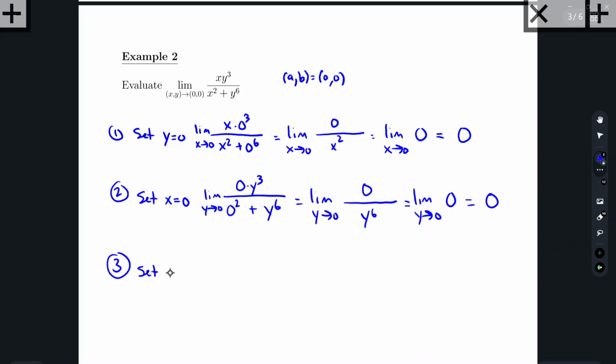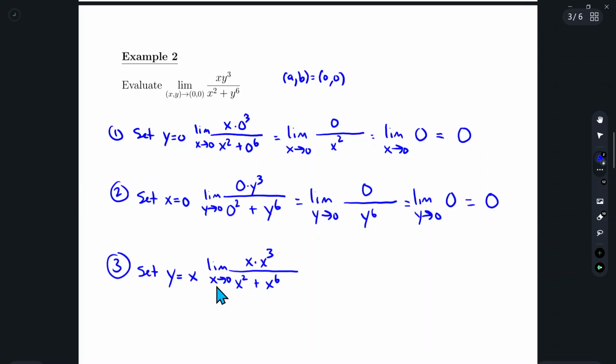So now we set y equals x. So what does that look like? So that'll be x times x cubed all over x squared plus x to the 6th. It only contains one variable, so this is just a limit for x.